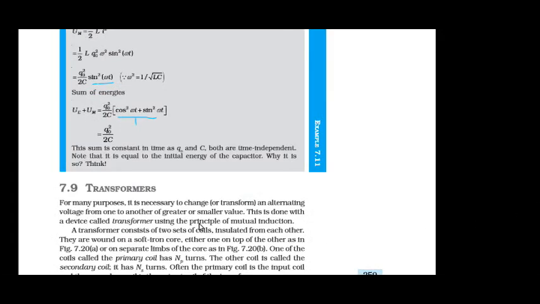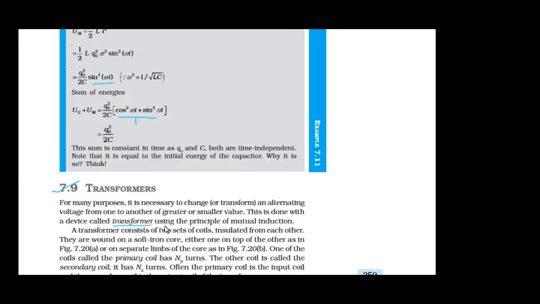Now we'll start with the next topic, that is transformers. For many purposes, it is necessary to change or transform an alternating voltage from one value to another, greater to smaller. This is done with a device called a transformer.